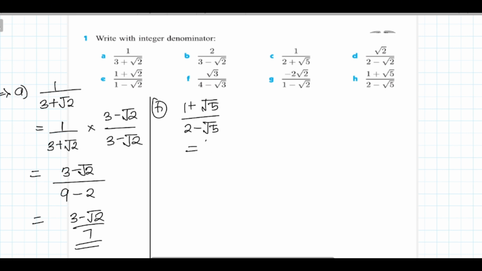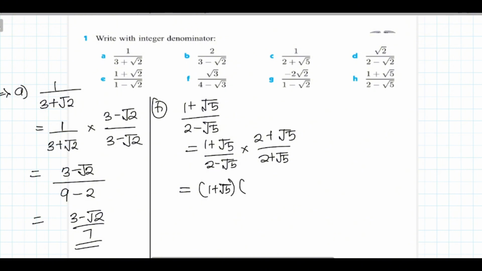So that would be 1 plus root 5 all over 2 minus root 5, multiplied by the conjugate: change the sign at the denominator to plus, so that will be 2 plus root 5 all over 2 plus root 5. Then what do we have there? 1 plus root 5 times 2 plus root 5, all over 2 minus root 5 times 2 plus root 5.